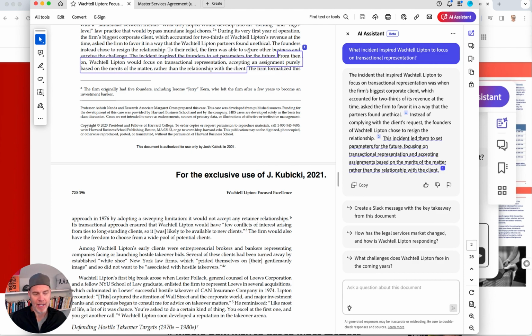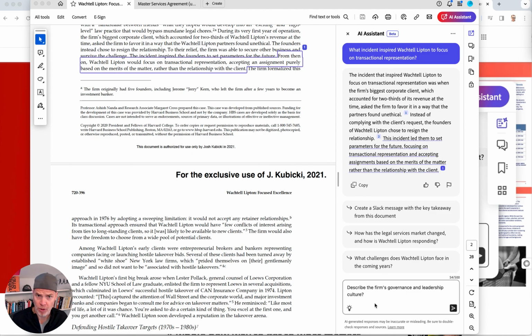Now I'm going to ask it something else that it didn't already tell me about, and let's see how it does. Okay, so my prompt down here, or request, is: describe the firm's governance and leadership culture. Now, because I teach this case study, I know there's a big section in here.